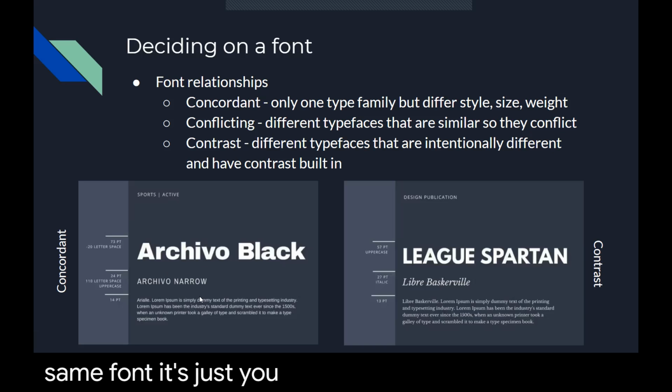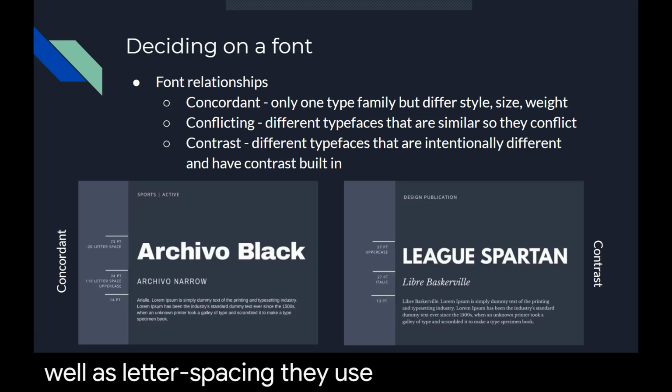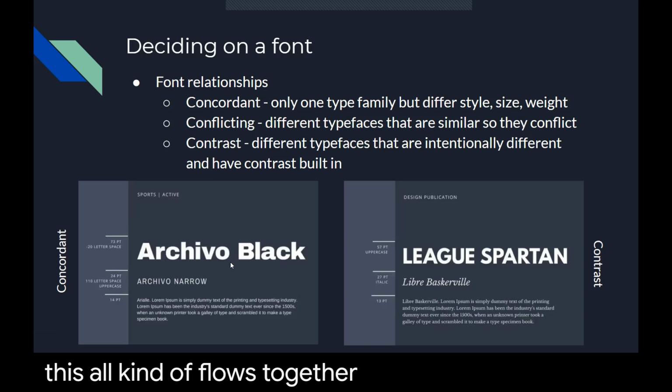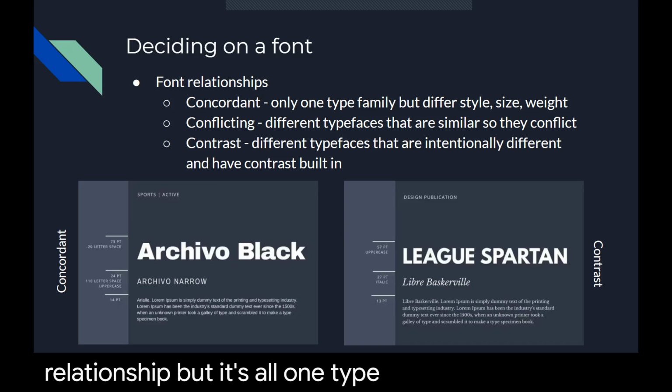It's just used at different point sizes as well as letter spacing. They use uppercase versus lowercase on the top and bottom. So you can see that this all kind of flows together in a concordant relationship, but it's all one type family.